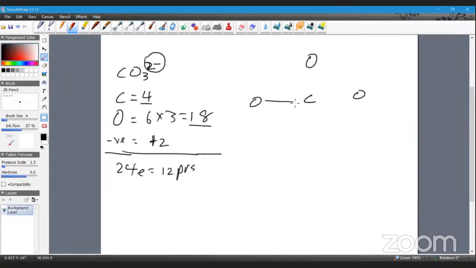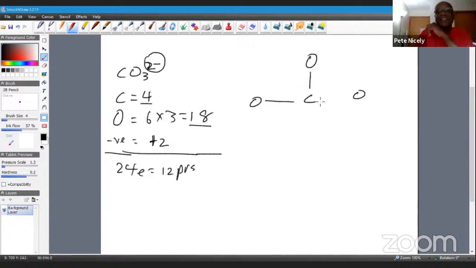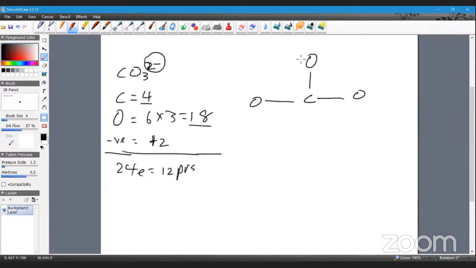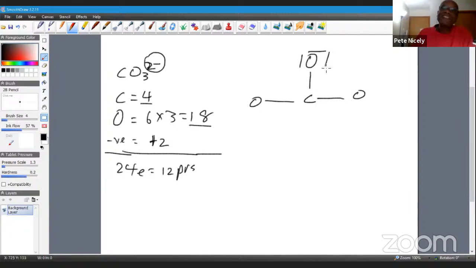Exactly. So first pair goes here, second pair goes there, third pair goes there, and then what? Then start putting them around the oxygens. Okay, so 4, 5, 6, 7, 8, 9, 10, 11, 12. So we have used up all 12 pairs, all right?